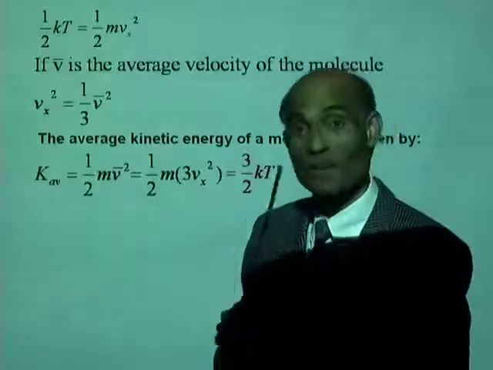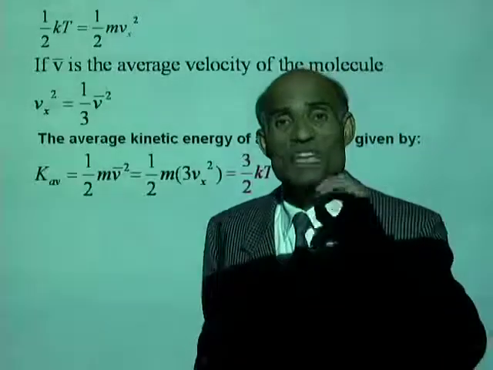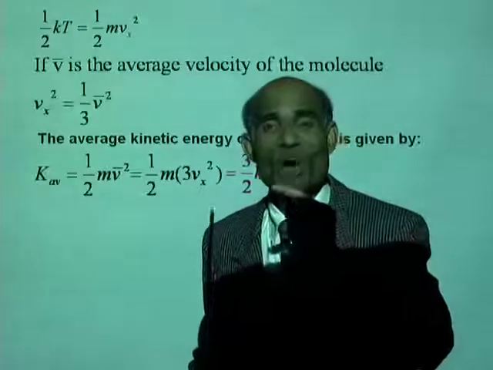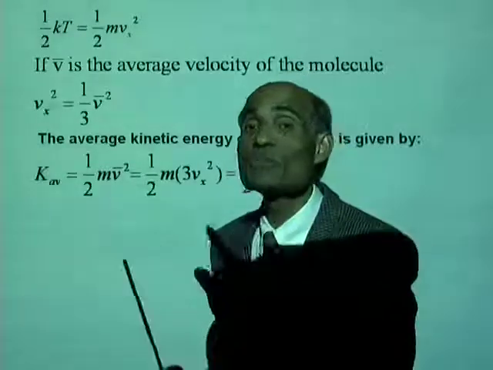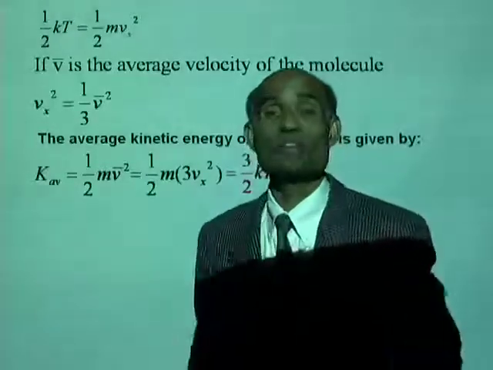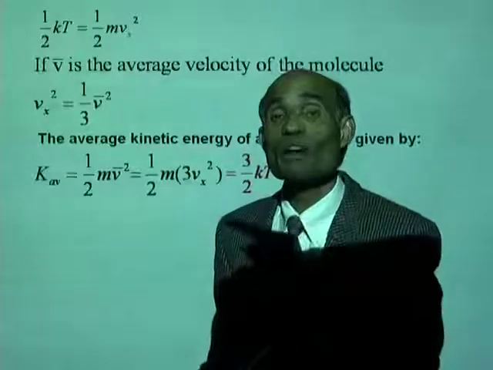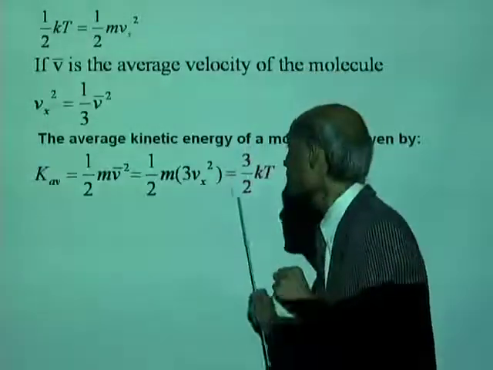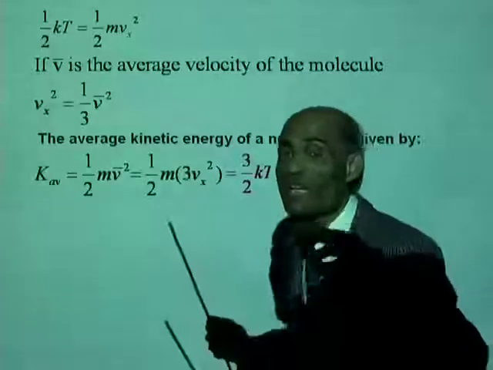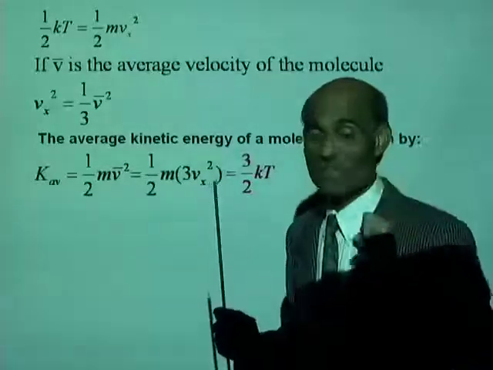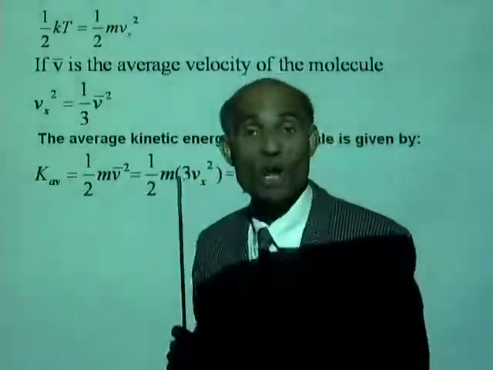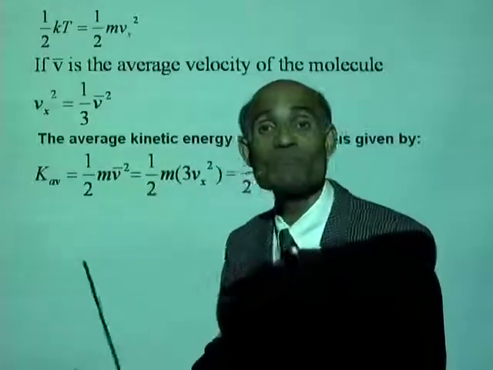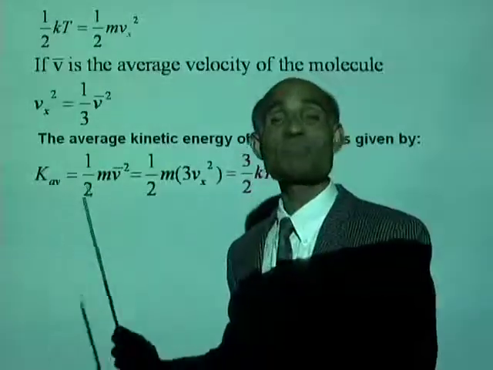So if I ask you, what is the kinetic energy of a molecule per degree of freedom? What would be the answer? Per degree of freedom. This is the total kinetic energy for 3 degrees of freedom. Therefore, the energy of a molecule per degree of freedom is 1/2 kT.